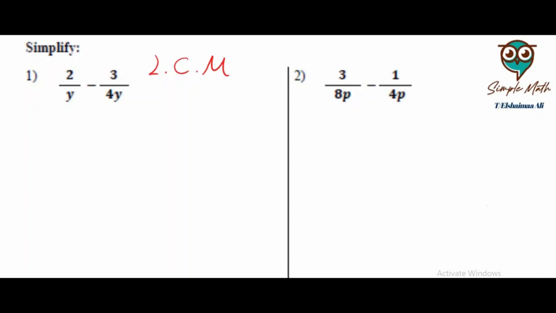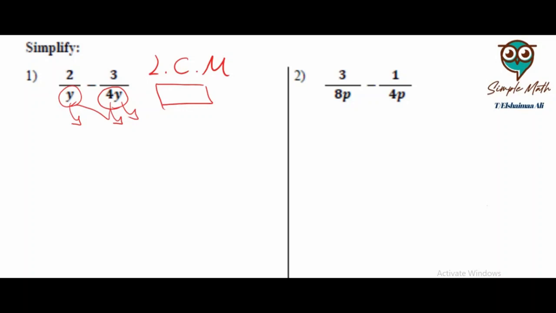The lowest common multiple is an expression that contains the numbers and the symbols in the denominator. Here we have y in the denominator and we have 4y. We need an expression that contains these two denominators. So what is that expression? The expression must have numbers and also symbols, because here we have 4 as a number and also y as a symbol.